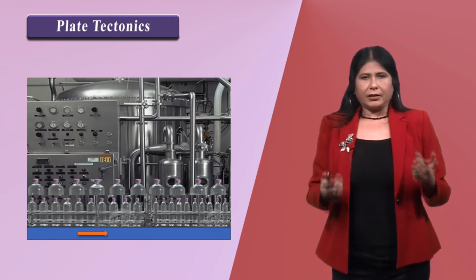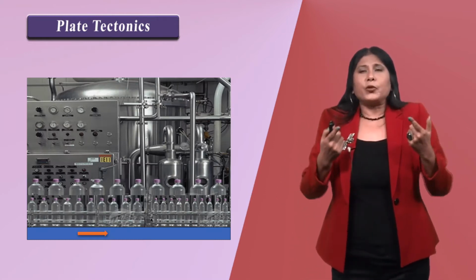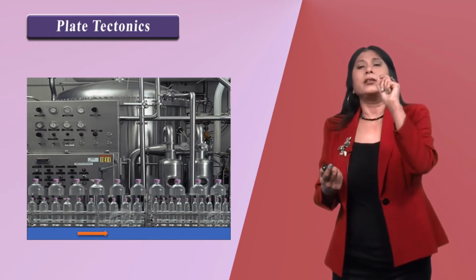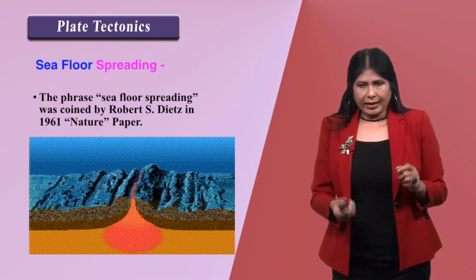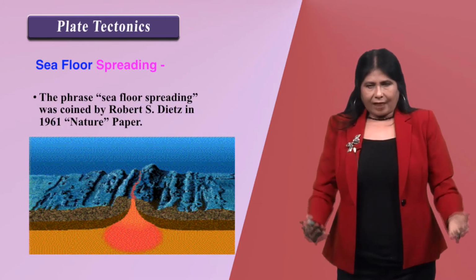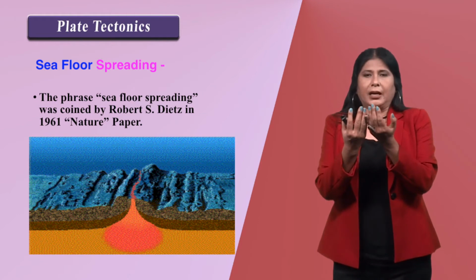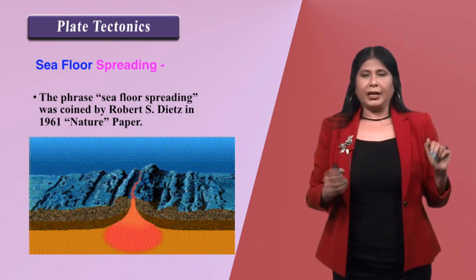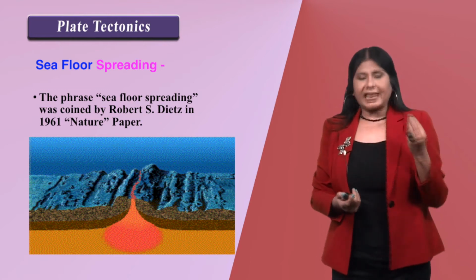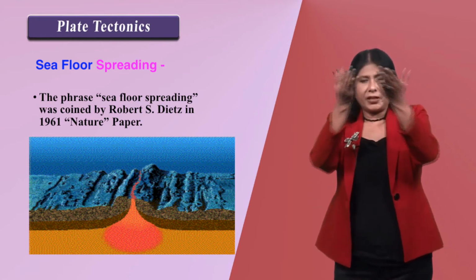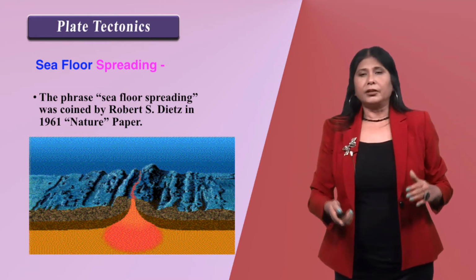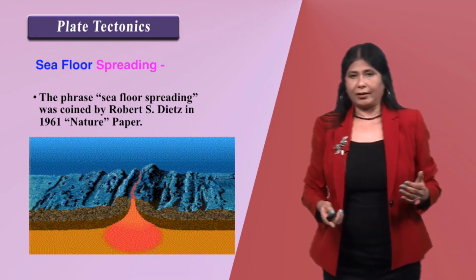The phrase sea floor spreading was coined by Robert Dietz in 1961 in a Nature paper. And he explains that lava is coming from the crust and it is pushing the continents away from each other. New rock is getting formed in the center, and during this period of time, both sides have recorded the positive and negative anomaly.